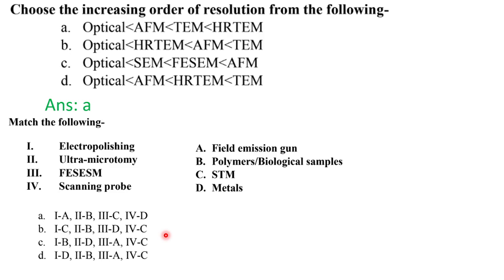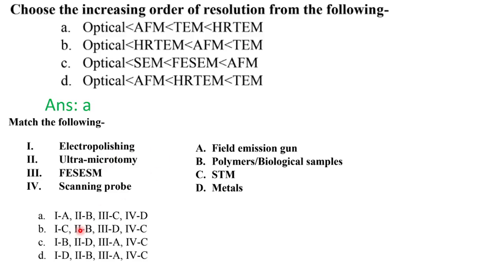So think a little bit about why I should go for electropolishing. Electropolishing is required for what? Electropolishing is required to make it electrically conducting, right? So metals are electrically conducting. Electropolishing means you are making the substrate electrically conducting, right?